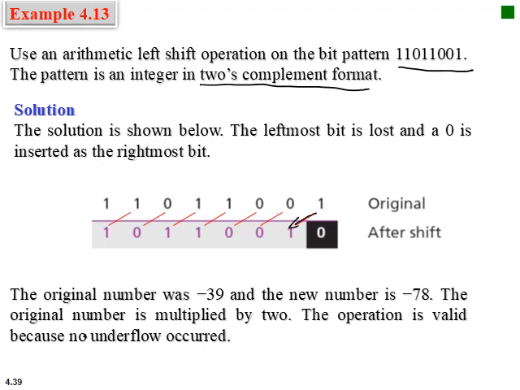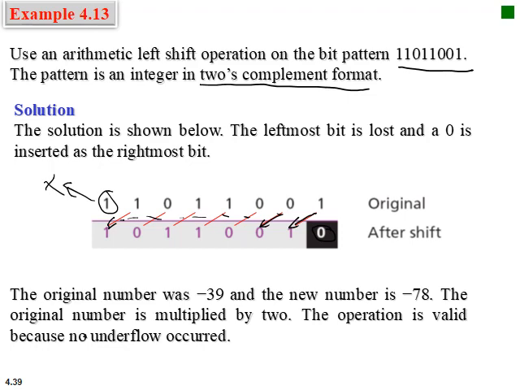The 1 is shifted over there, the 0 over there, and so we go on, the 1 over there. This one here, we simply throw away. And the rightmost bit that's now empty, we simply add a 0 over there.